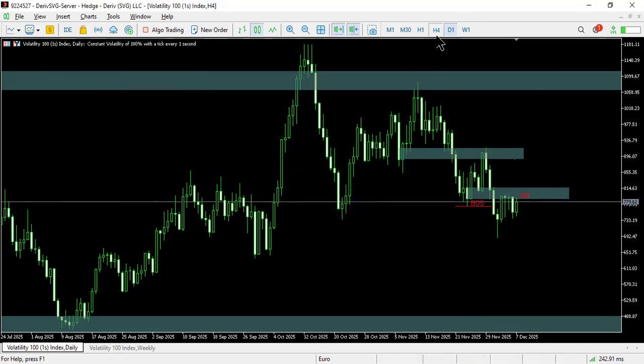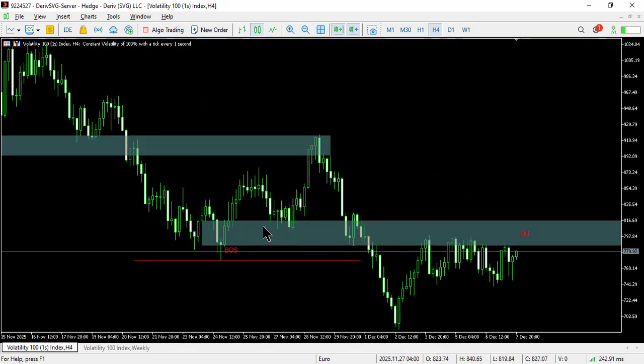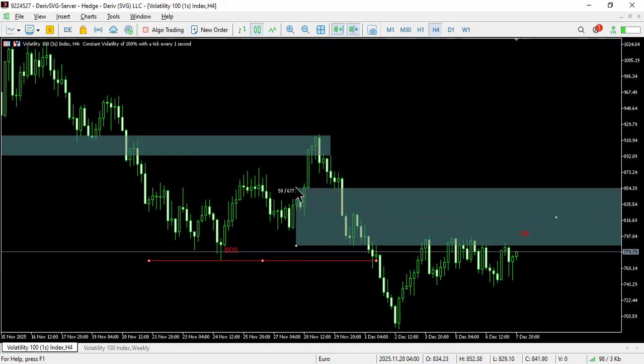And then if we go to the 4 hours, so from the 4 hours time frame, this is what we have. We're just adjusting our break of structure and order block from the 4 hours time frame.